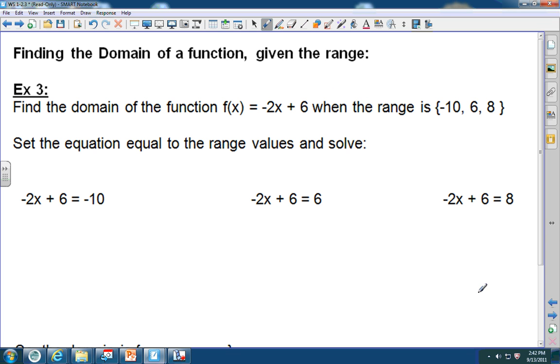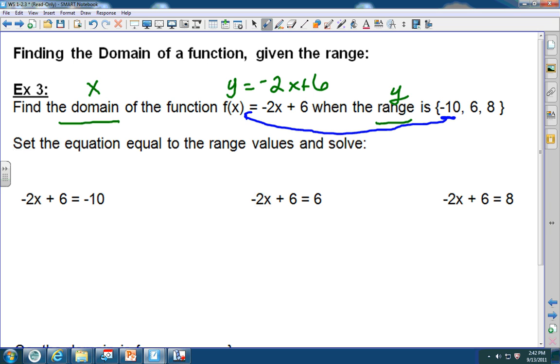Now, the next one here, you see, this is why I do all the underlining, because you have to be careful. It says find the domain. Find the x when the range, when the y numbers are given. Again, this is the same as y equals -2x plus 6. All right, so what's happening here is they're taking this -10 and they're substituting it in here for where the y would be.